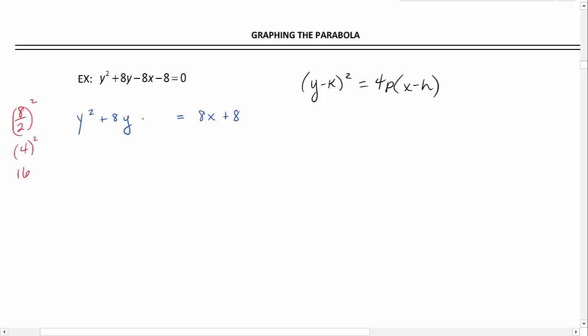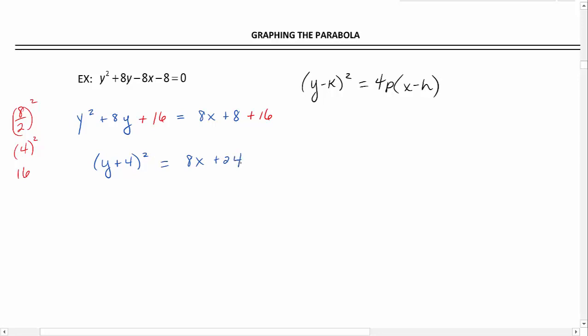So we're going to add 16, and we're adding that to both sides because we don't have that completing the square where we factored something out in front like we did with ellipses and hyperbolas. We're just adding a normal 16. Our left side factors into y plus 4 quantity squared, and then on the right, we're going to have 8x plus 24.